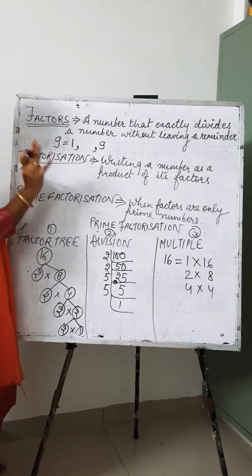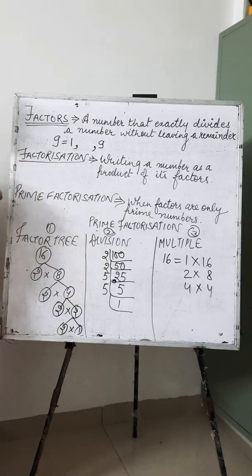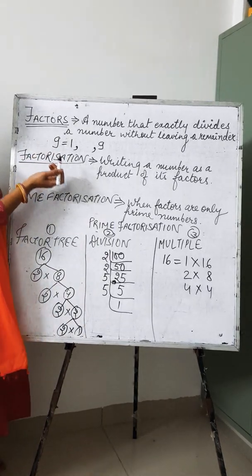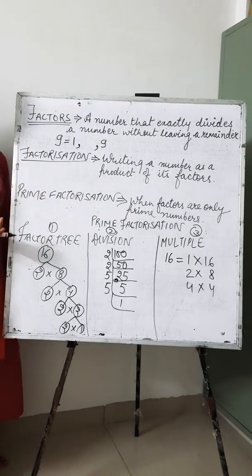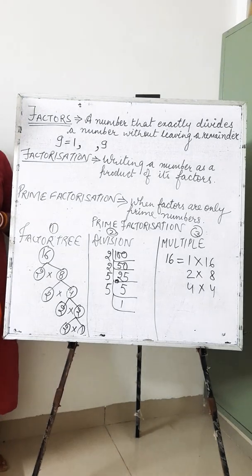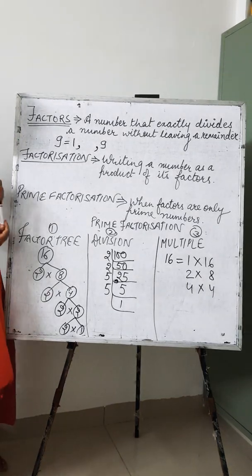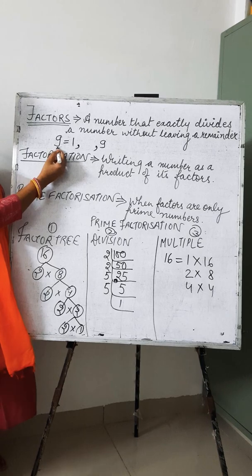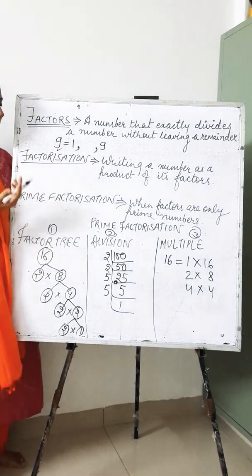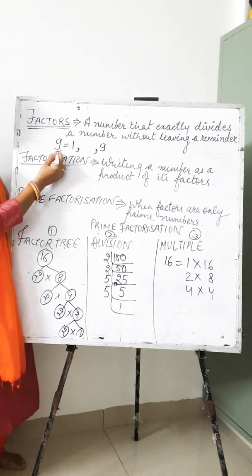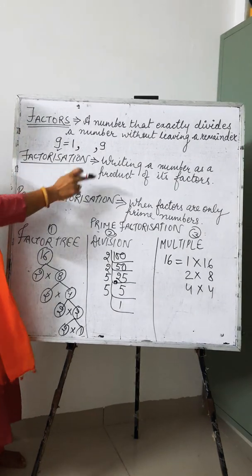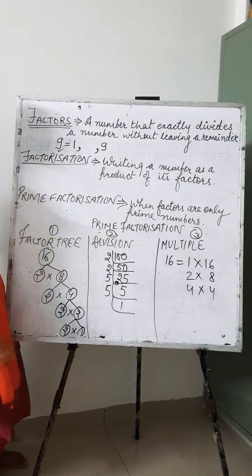Because 1 is a factor of every number, and the number itself is a factor of every number. But now I need to search some more factors of 9. For that, I will think of 2, because I have to start my journey with the smallest prime number. This 9 is not divided by 2, because it will leave some remainder, and the factors definition says that without leaving a remainder, it means 0 should be the remainder.